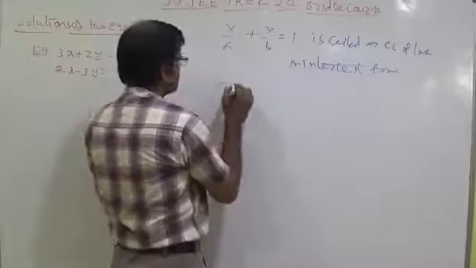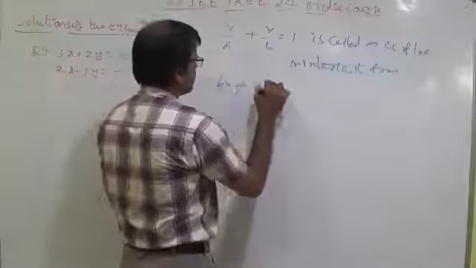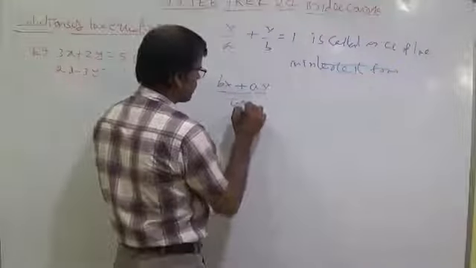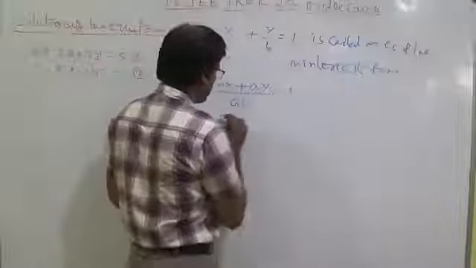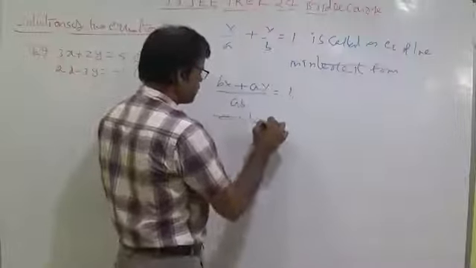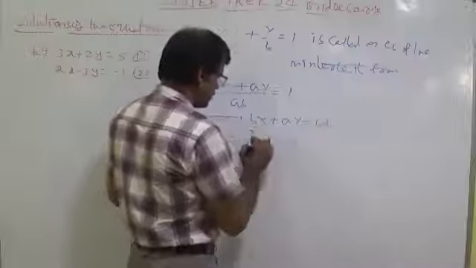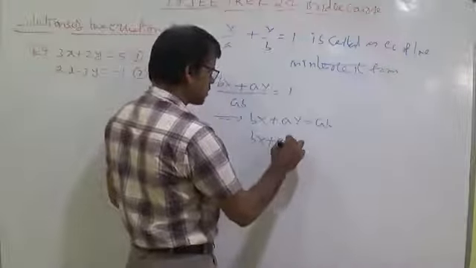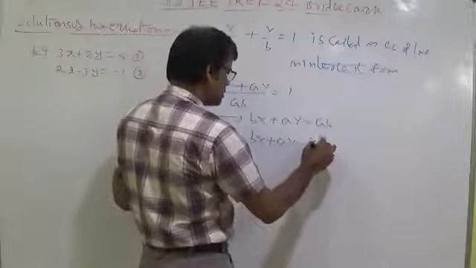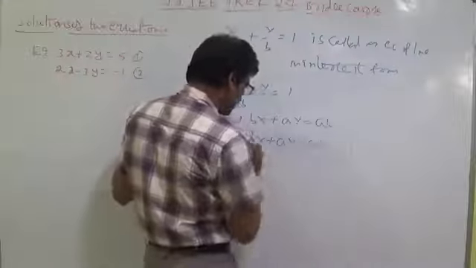So here you can take LCM: bx plus ay by ab is equal to 1. That implies bx plus ay is equal to ab. You can write here bx plus ay minus ab equal to 0.